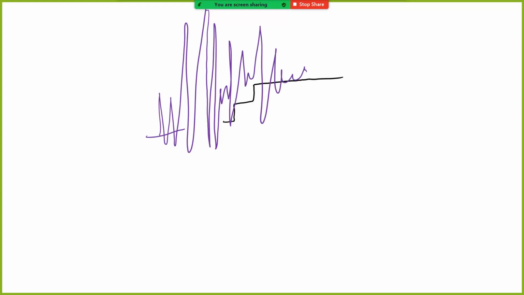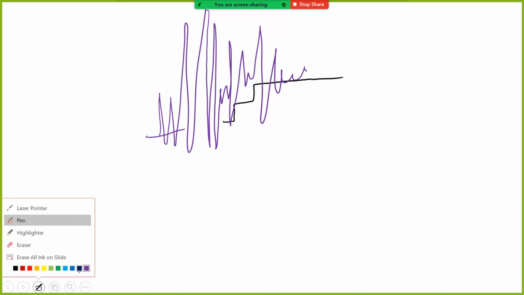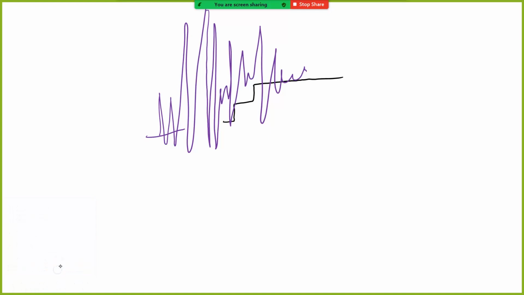How will my noise at the output look? Something like this, right? Wherever it is going high, greater than this, it's going to be chopped off.